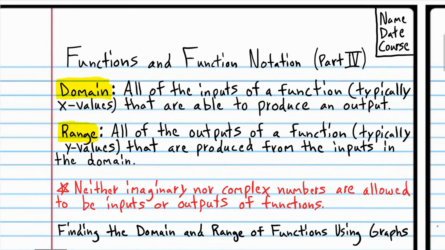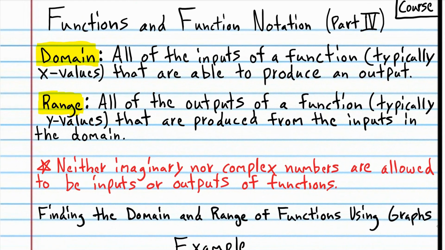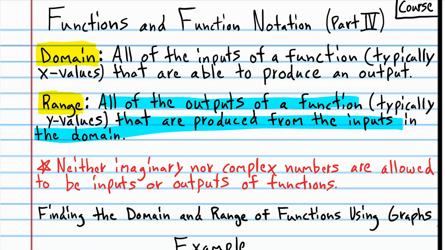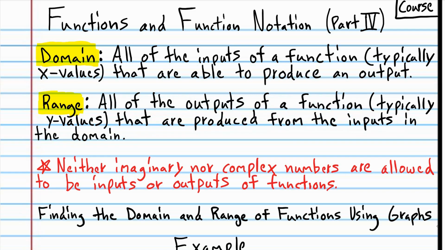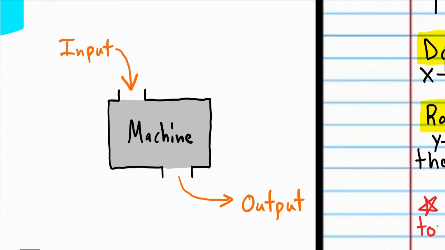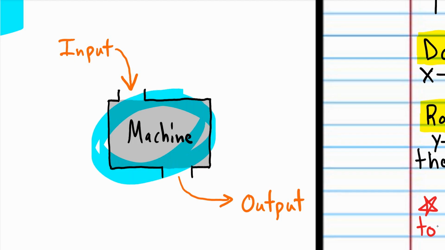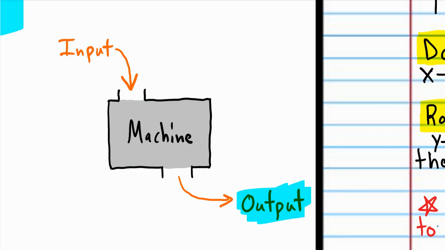But today, we're going to learn how to find the range of a function. The range is all of the outputs of a function that are produced from the inputs in the domain. So if an input is in the domain and the function can process it, the output that is produced is part of the range.